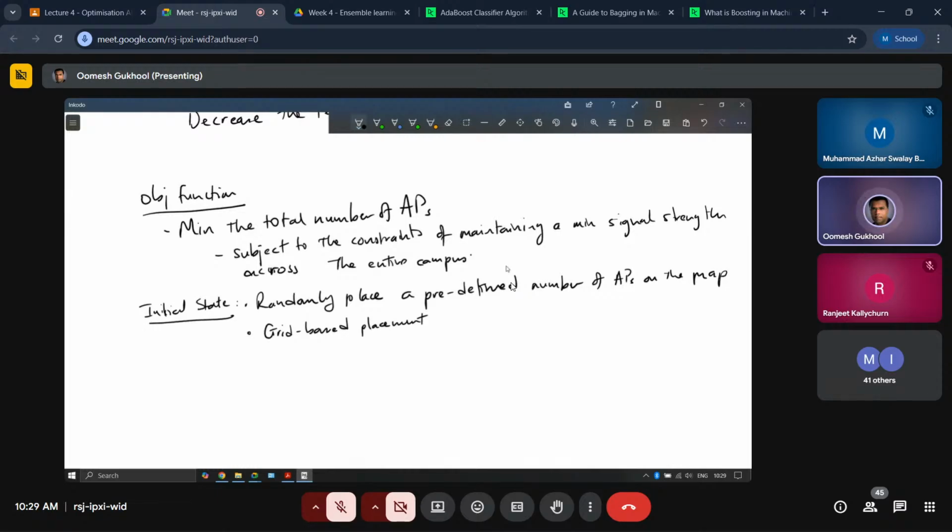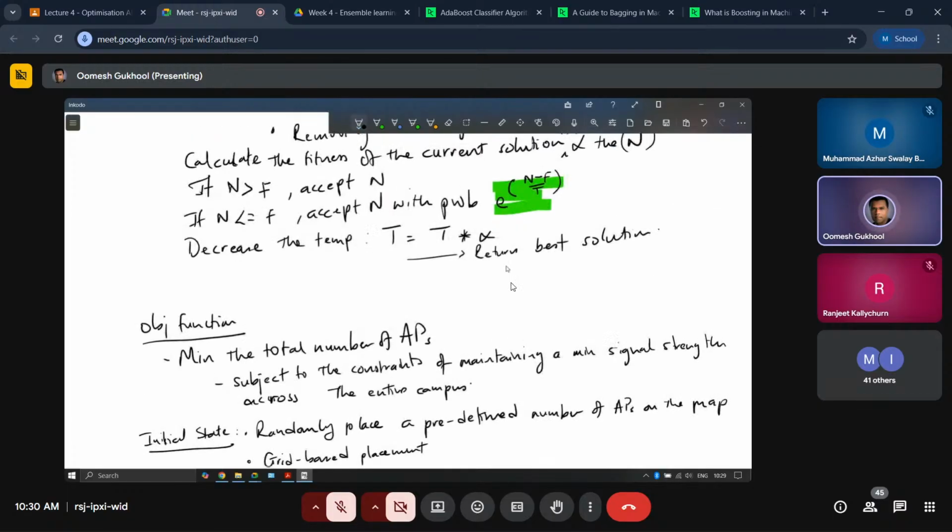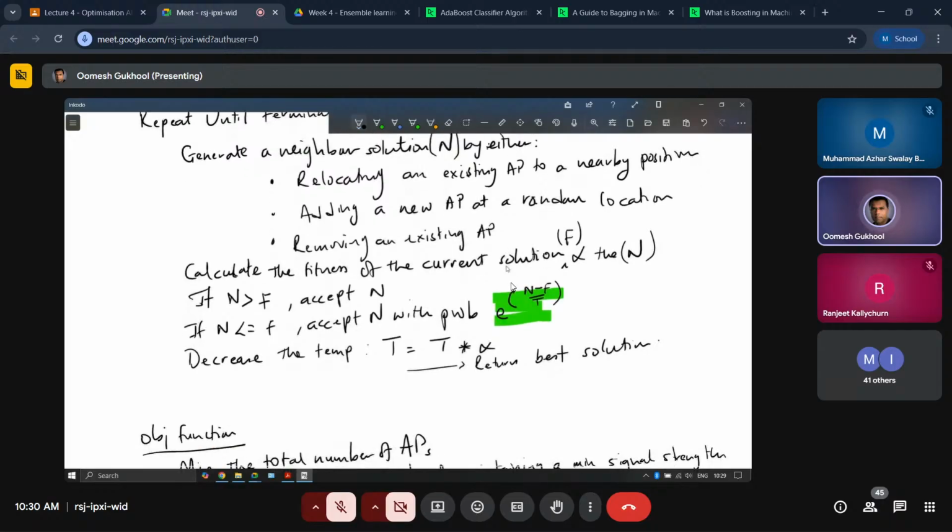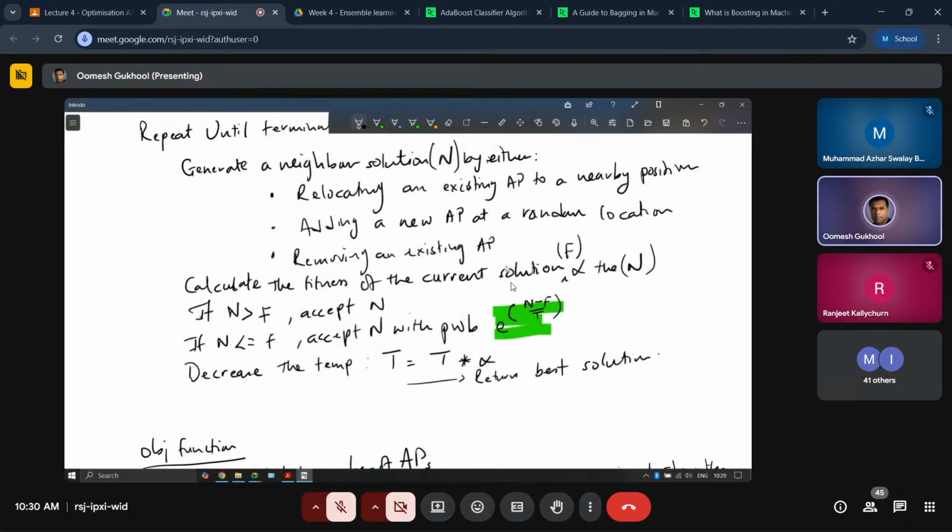Next, you have the neighborhood definition. So how you define the neighborhood, like relocating an existing AP, I've already listed it here, it's just the same thing. That's the neighborhood.